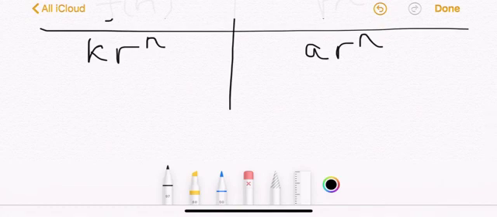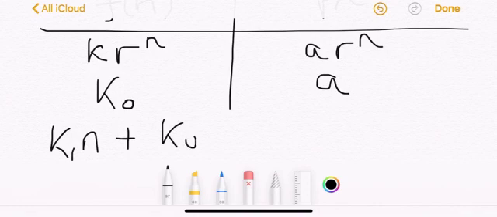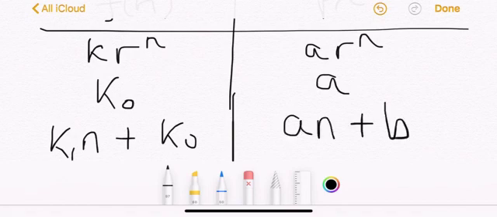If f of n is some constant, say k_0, then P_n is also some constant a, and we need to find a. If f of n is linear, so it's kn plus k_0, then again we consider a P_n that is also linear, of the form an plus b. And we need to then find the values of a and b.